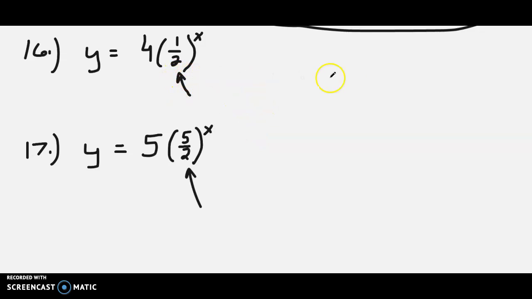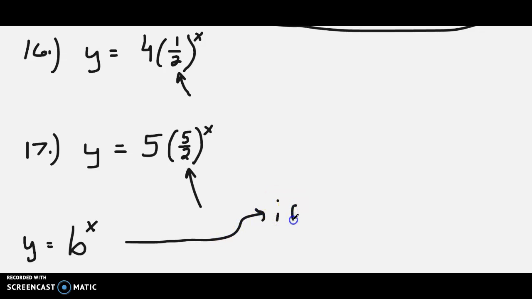Here let's just look at a general form of an exponential. Let's say y equals b to the x, okay? And here's the rule basically. If b is greater than 1, then it's considered exponential growth.